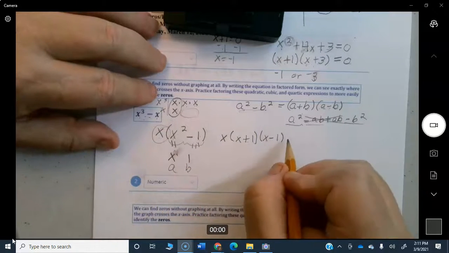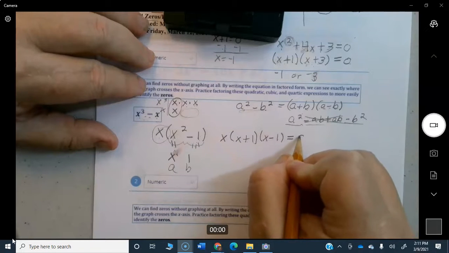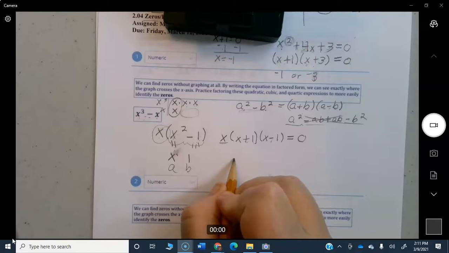Now, we want to know what the zeros are, what the x-intercepts or roots are. So you set the equation equal to 0. And you simply ask what we asked up here. What value of this would be 0, so that if you multiplied it by this and this, no matter what these two were, it would all go to 0? Well, that one's simple. It's 0 if x equals 0.